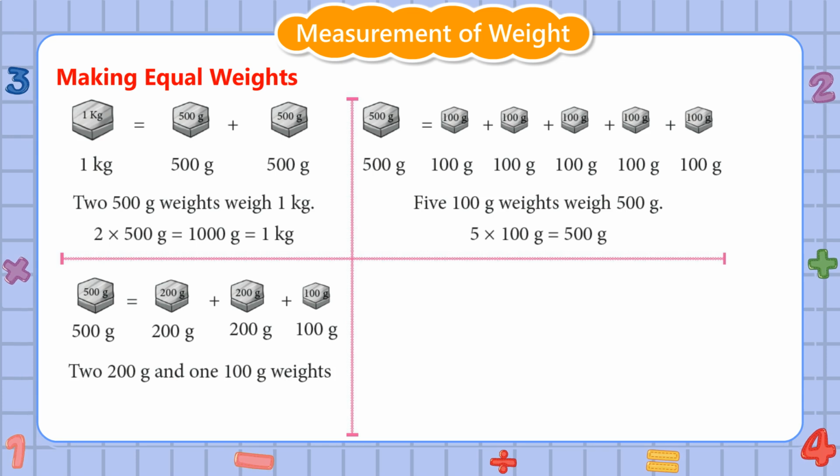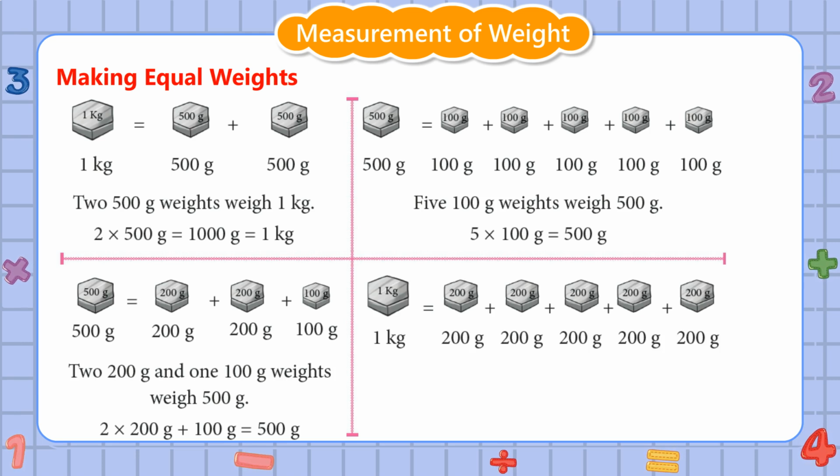Two 200 gram and one 100 gram weights weigh 500 grams. 2 multiply 200 grams plus 100 grams is equal to 500 grams.